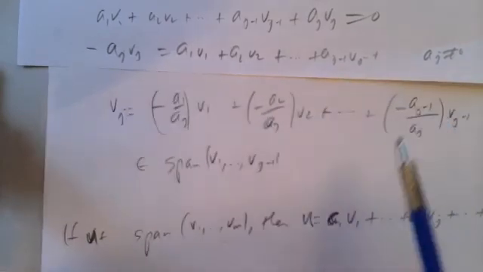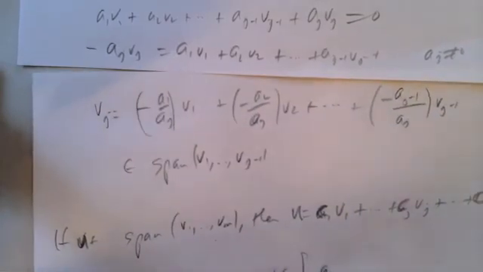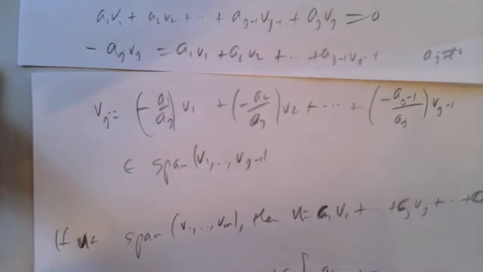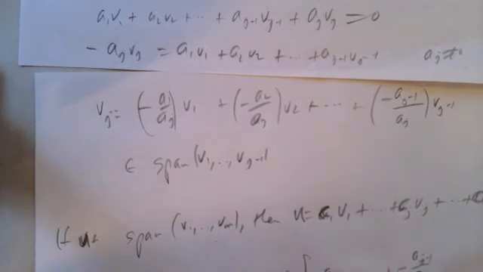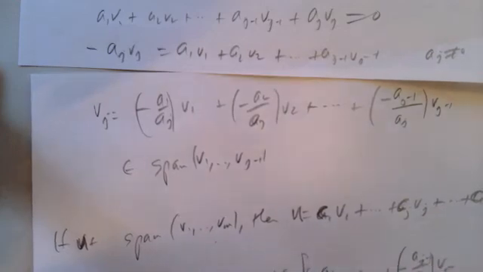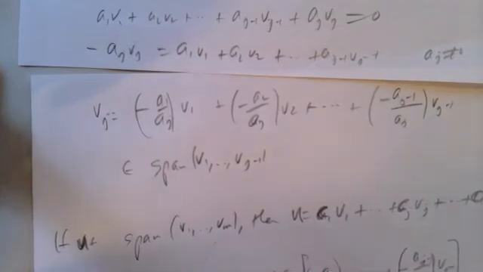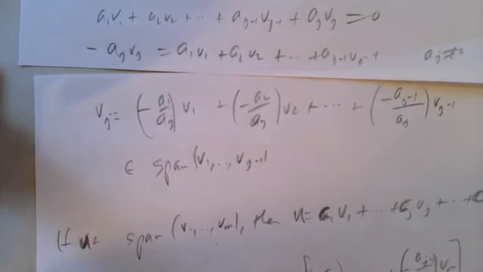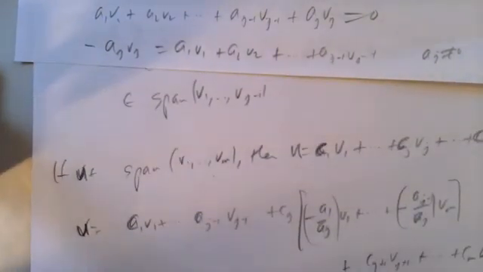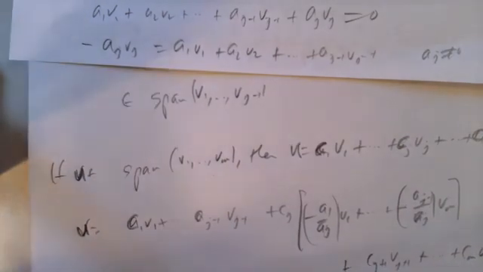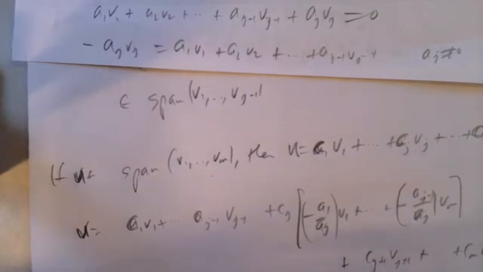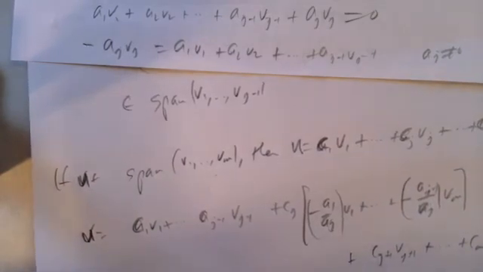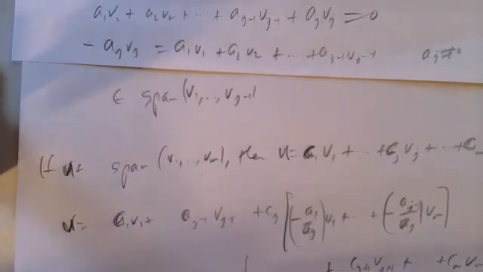But I can write V sub j like this: V sub j is minus A1 over Aj V1 up to minus A sub j minus 1 over A sub j V sub j minus 1, plus C sub j plus 1 V sub j plus 1 up to Cm Vm. And this is a linear combination of all the vectors in the list except Vj. So this is in the span of the vectors V1 up to Vm with V sub j removed.